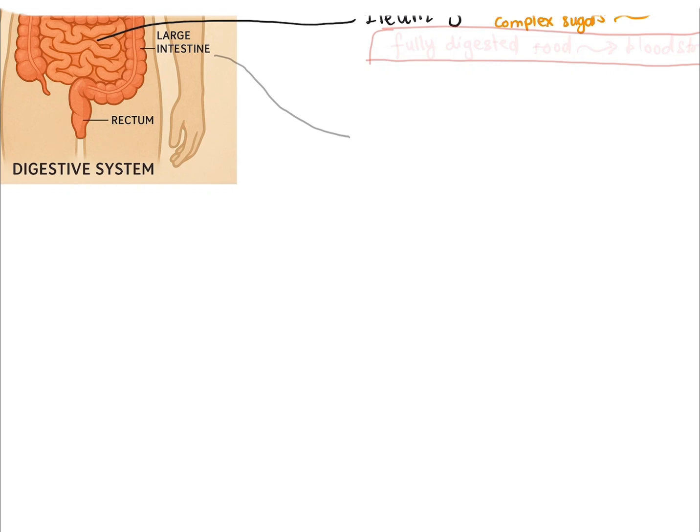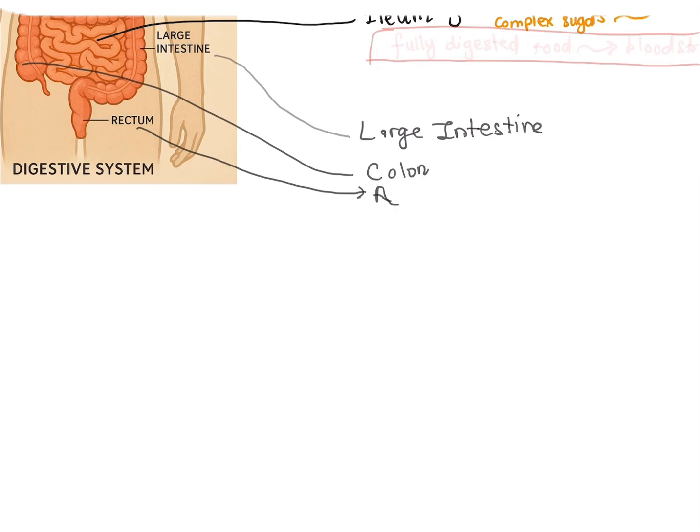Water and minerals are absorbed in this intestine. Okay, we want to label both parts, large intestine and the colon. Okay, so the large intestine is where all the water is absorbed and the minerals are absorbed.